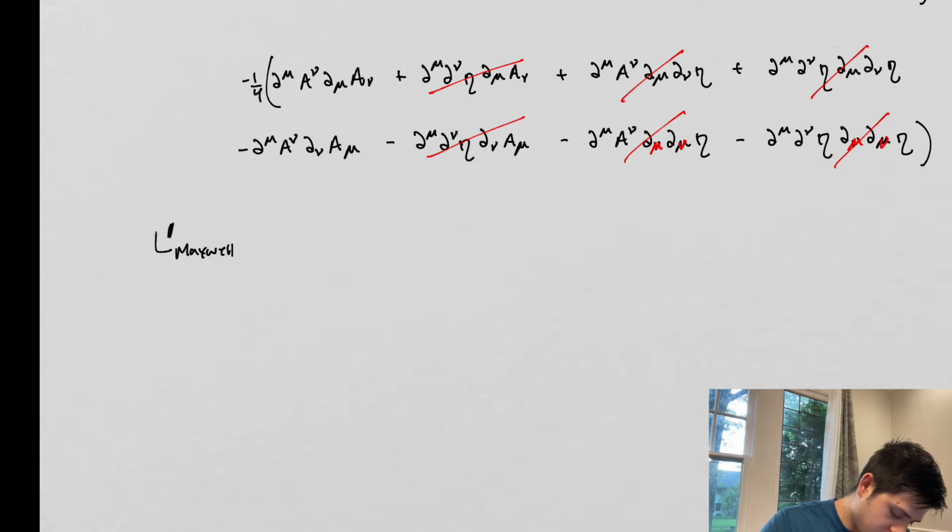So the transformed Lagrangian equals -1/4 (d mu a nu d mu a nu minus d mu a nu d nu a mu).